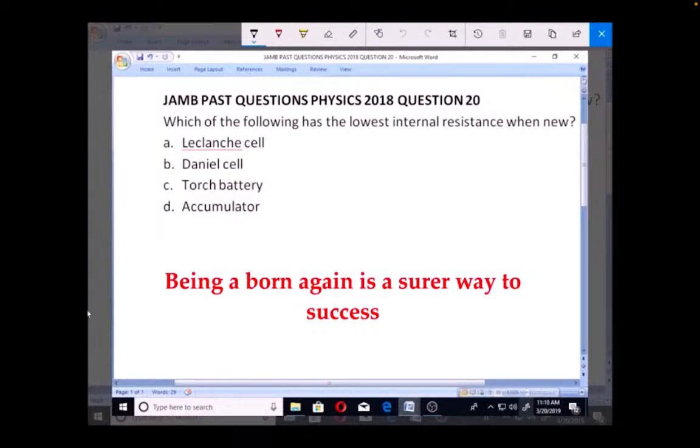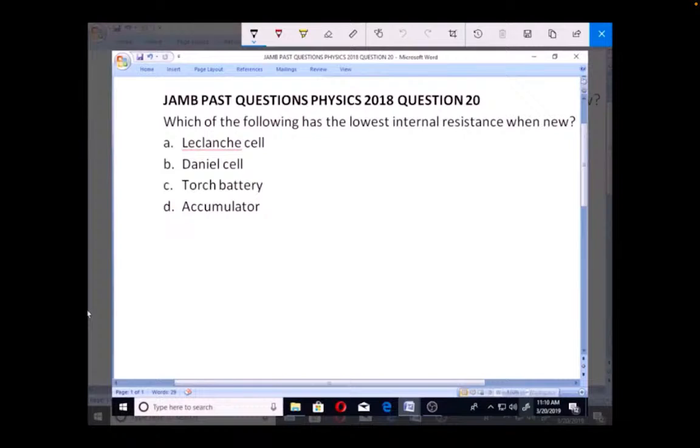Now, for us to appreciate this question very well, we need to know first of all what internal resistance is. Whenever you're talking about batteries or cells, we talk about internal resistance, small letter r, as against the normal resistance, big letter R. So what is internal resistance?